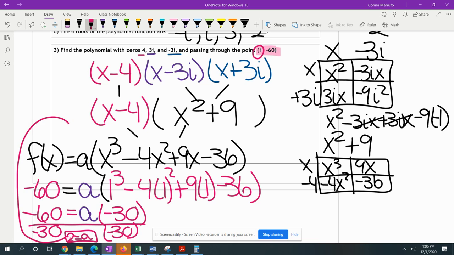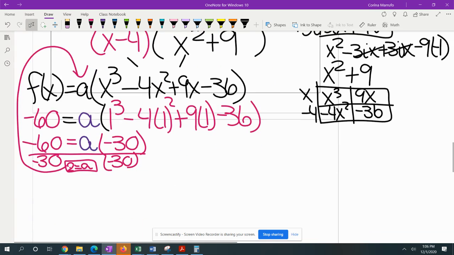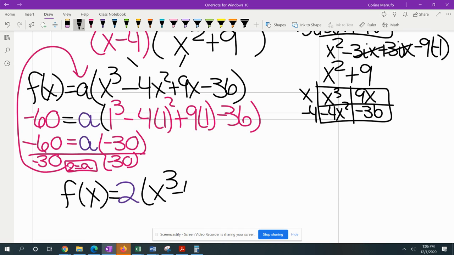Okay, we take that and we plug it in here. So we have f of x equals, we found out that a was 2, and we have to multiply it times our polynomial, x cubed minus 4x squared plus 9x minus 36, and that's what's going to make it cross through that point that they told us.